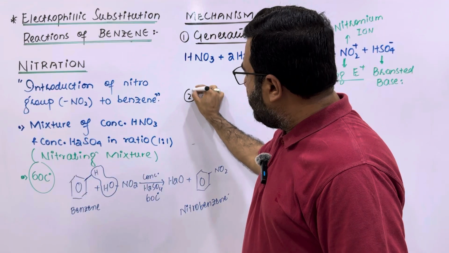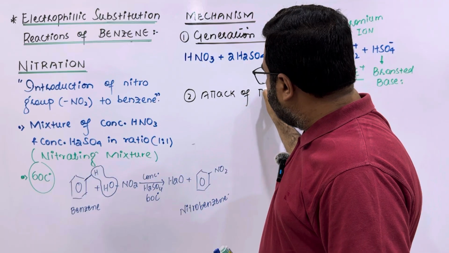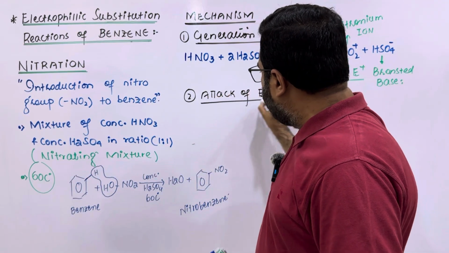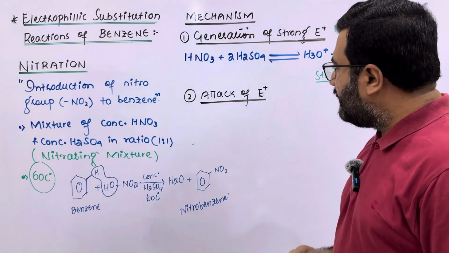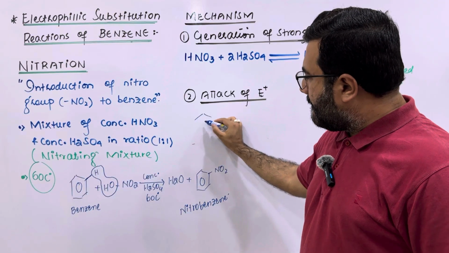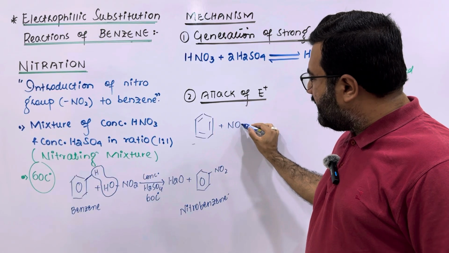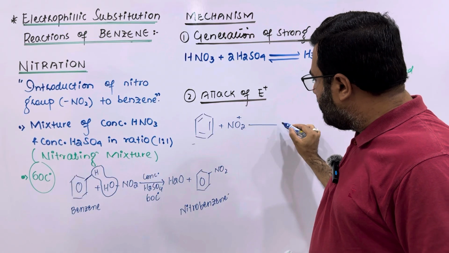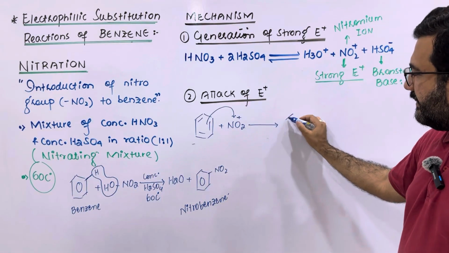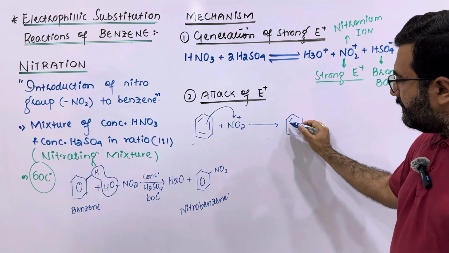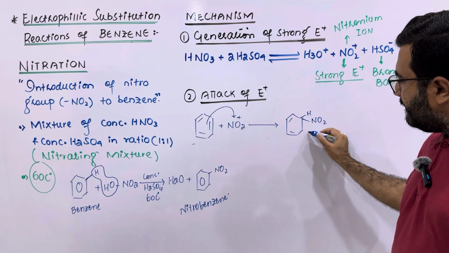The second step will be attack of this strong electrophile on benzene. My dear students, now the strong electrophile, which is the nitronium, will attack the benzene, and a secondary carbocation is generated.